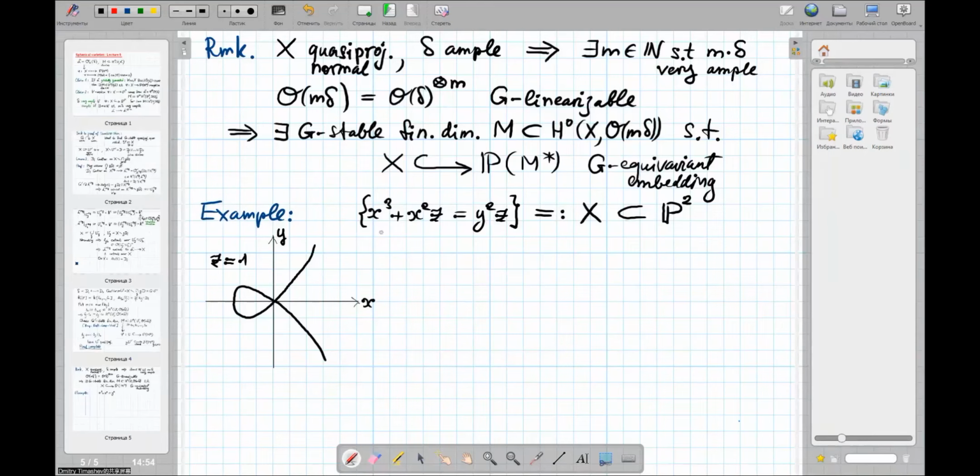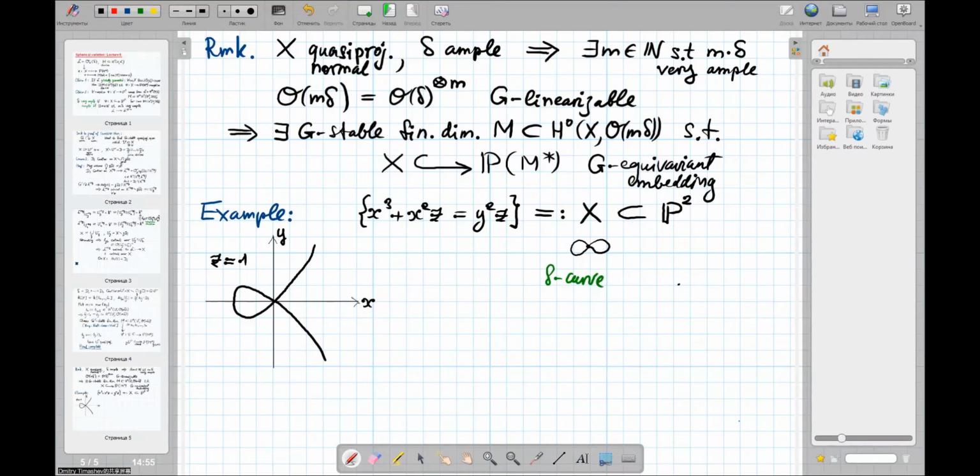So this is a nodal curve, and it looks like this. So you have this singular point, the node, and this curve looks like this on the projective plane. So you have a point at infinity. For this reason, it is sometimes called the 8 curve. The normalization of this 8 curve is just the projective line.